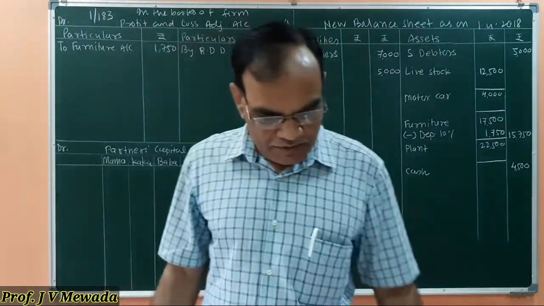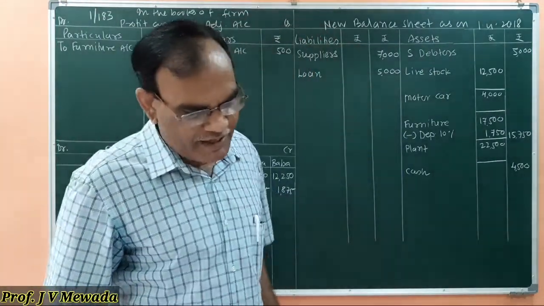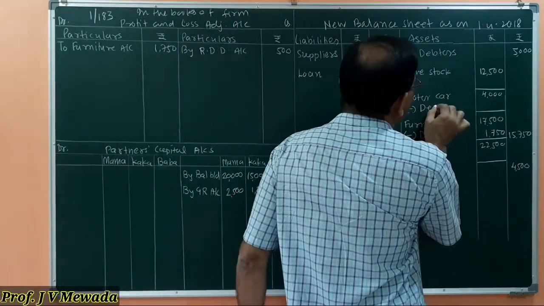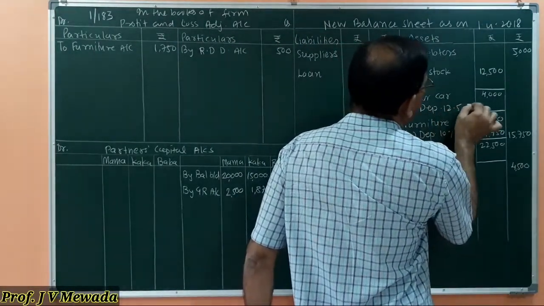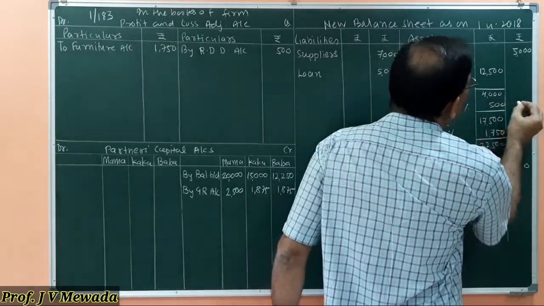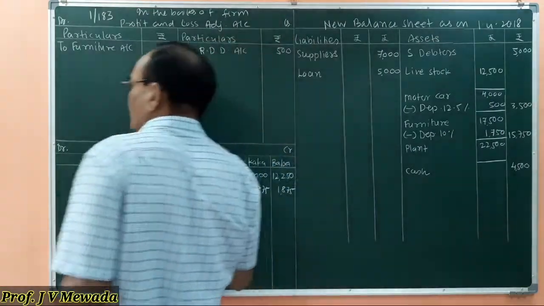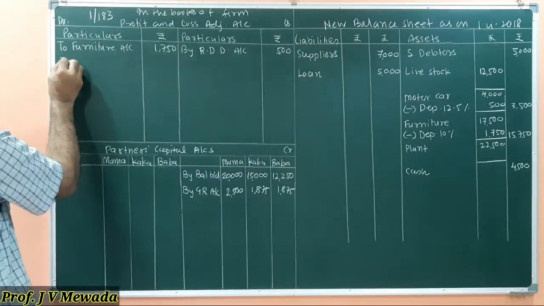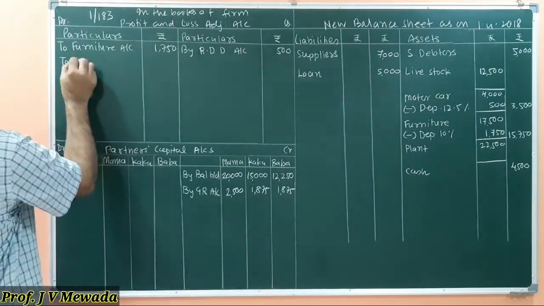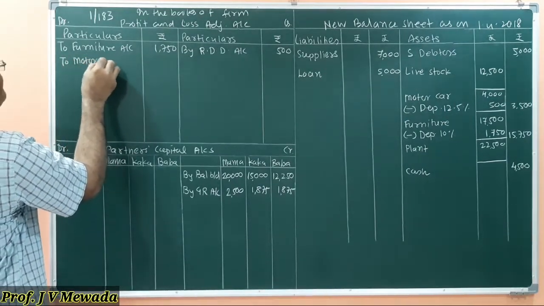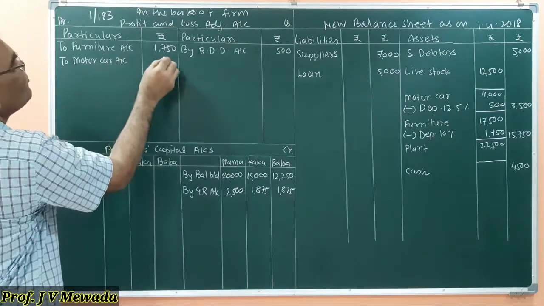Now we are given motor car is to be depreciated by 12.5%. So minus depreciation 12.5% is 500. So 3,500, and here we'll write to motor car account 500.